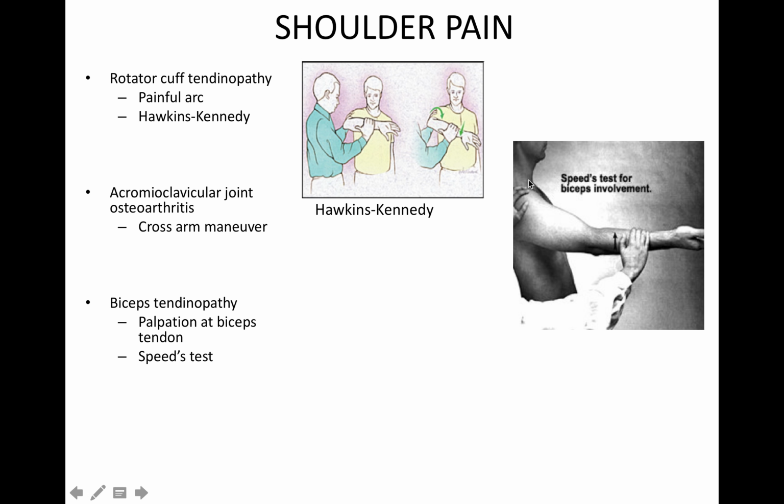But as you palpate in that area over the long head of the biceps insertion, and you have the patient raise their hand against resistance, if it hurts here, that is called the Speed's test. And that's positive and consistent with biceps tendinopathy. Feel free to check out the slides ahead of time, and you will learn about this during your advanced tutorial.